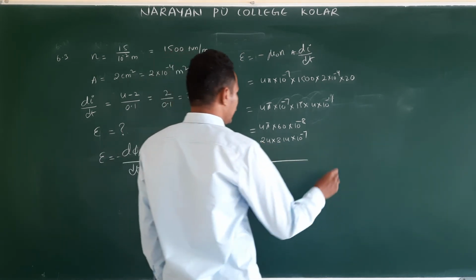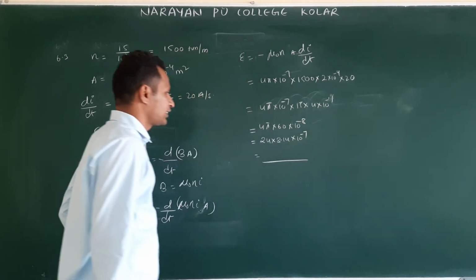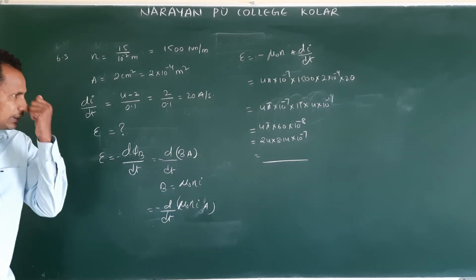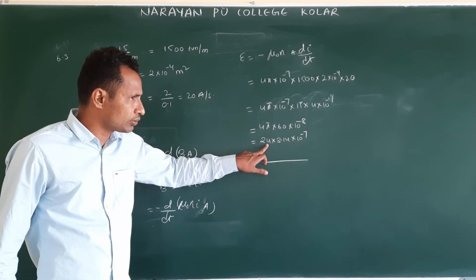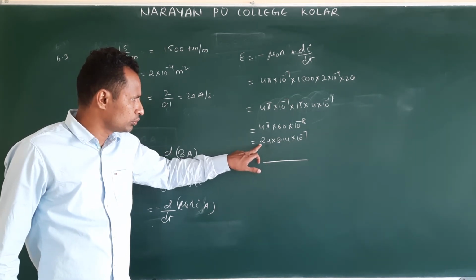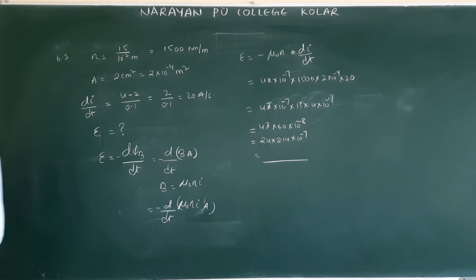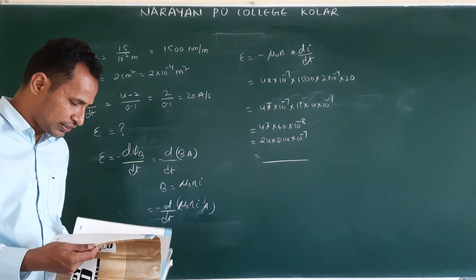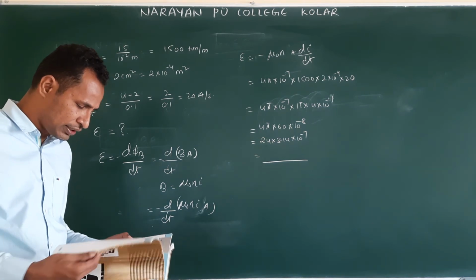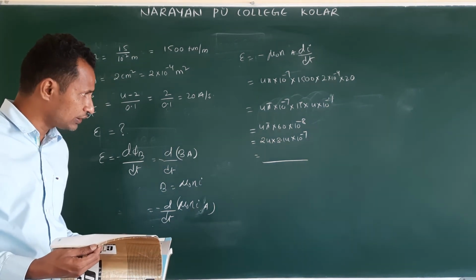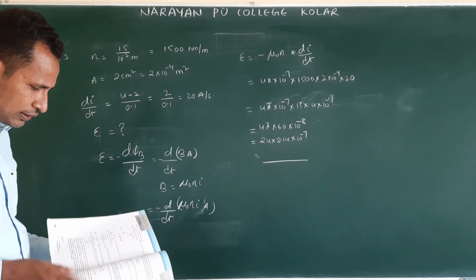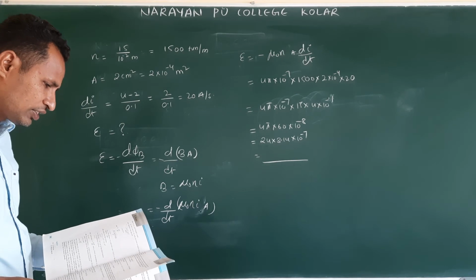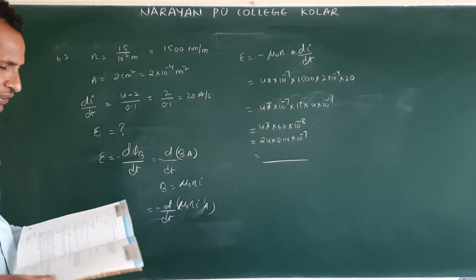Let us do it roughly. It is around 72 or 73, and there are decimal places also, so it will be about 7.5 into 10 power minus 6.